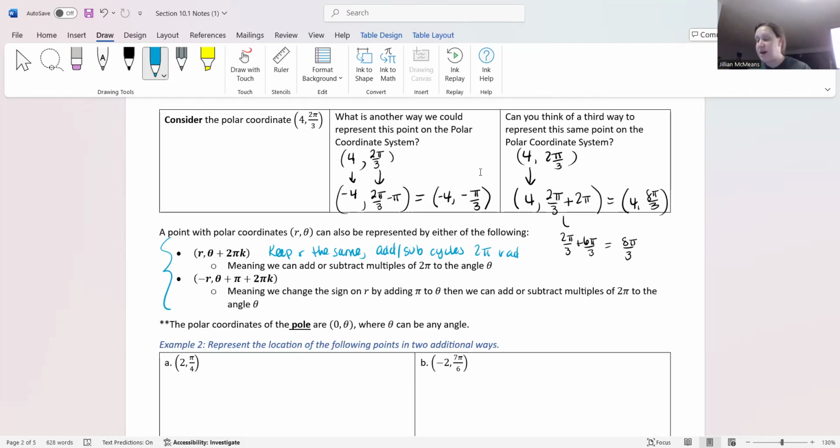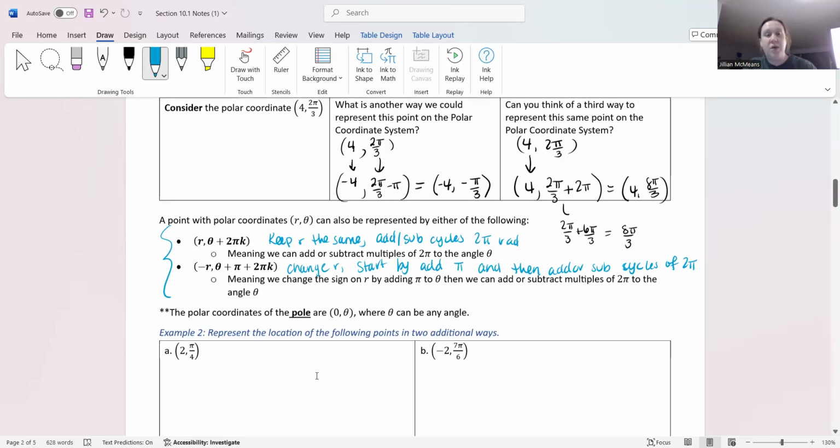If you change the sign on r, you start by adding just pi. So change r, start by adding, or you could subtract pi, and then add or subtract cycles of 2 pi radians. Okay, so that's how you can find multiple points that represent the exact same location. I hope that makes sense.